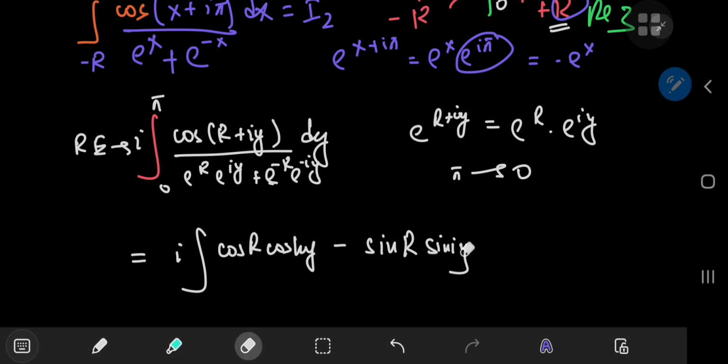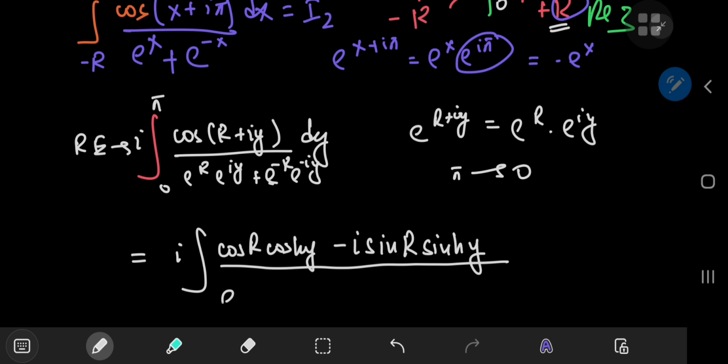So I'm just going to write this out as, place the i over here, and you have sinh y divided by all the stuff down here, of which I plan on doing something with this e to the r term shortly. So e to the r, and I'm going to factor it out, e to the iy plus e to the negative 2r e to the negative iy.